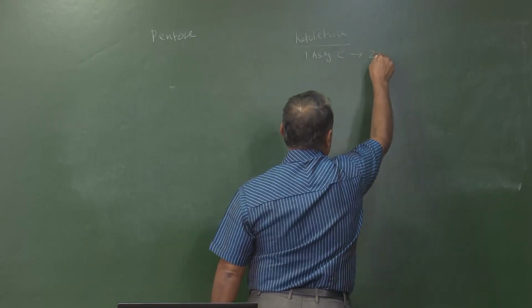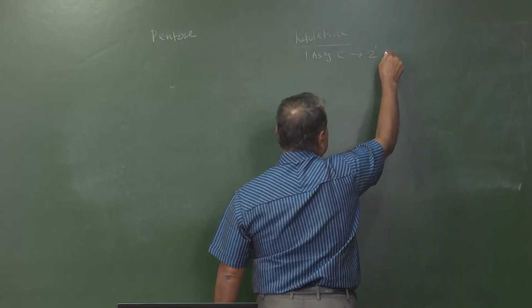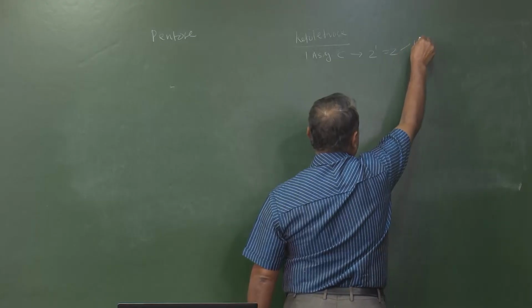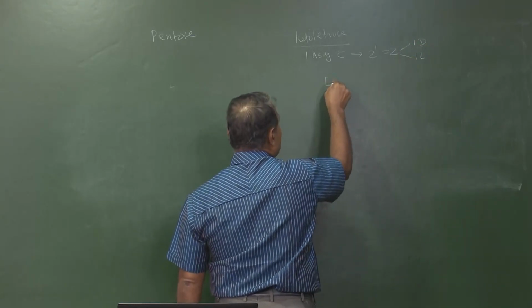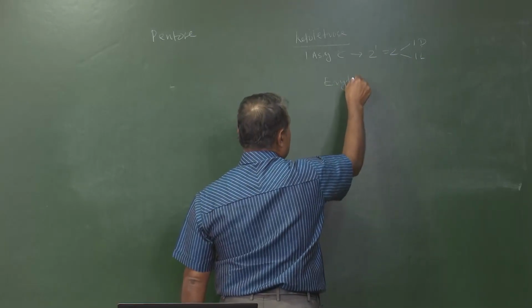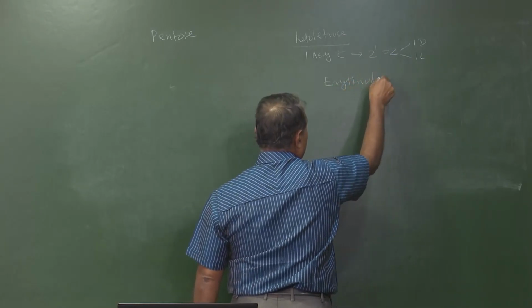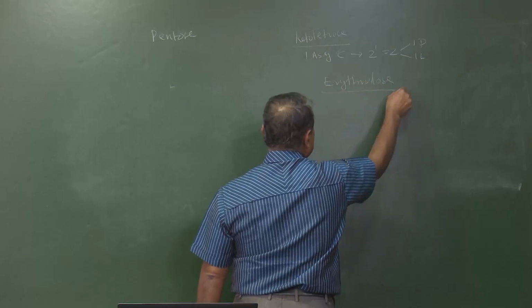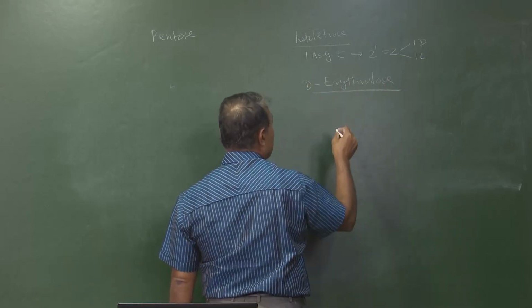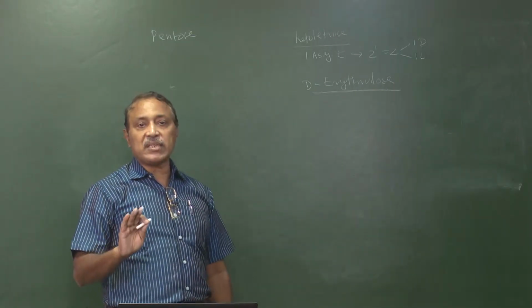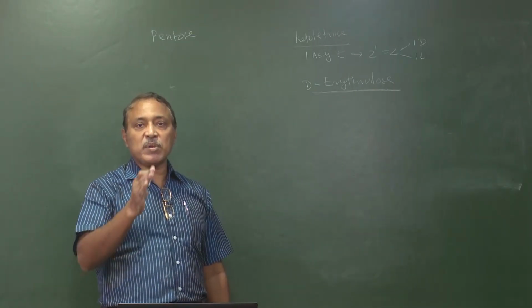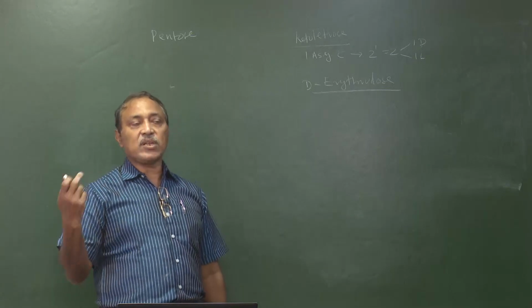So there will be 2 to the power 1, that is 2 isomers, one D and one L. That is called erythrulose. Its name is D-erythrulose. When you know the structure of D-erythrulose, you know how to get L-erythrulose. Simply put a mirror, get the mirror image.